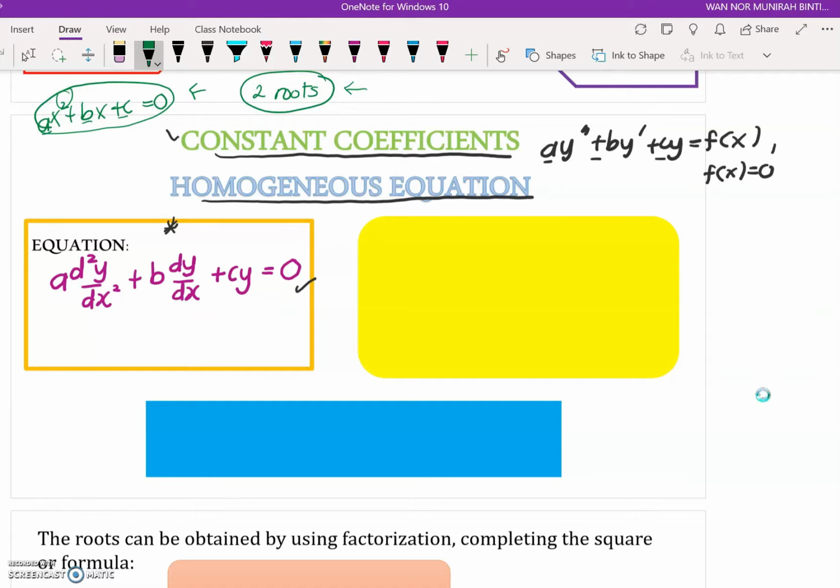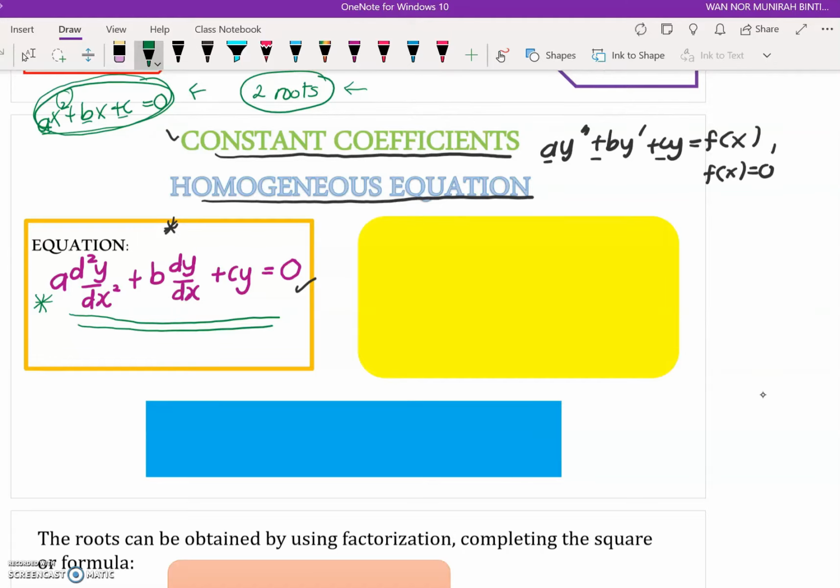But in this topic, we are going to find the roots of a differential equation, not a quadratic equation, so we cannot simply factorize, simplify, complete the square, or use the formula to get the roots.